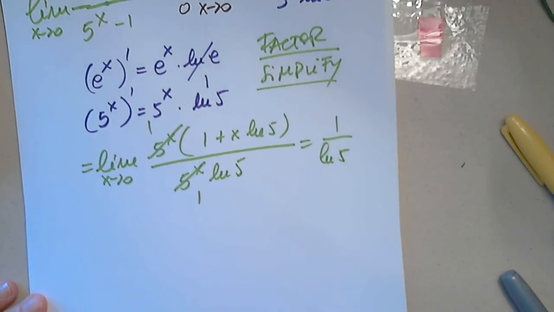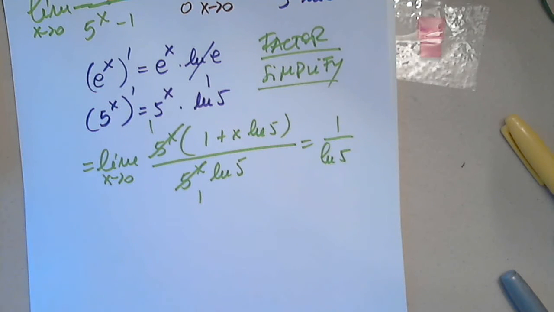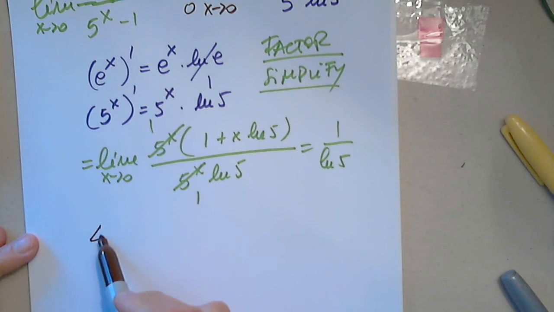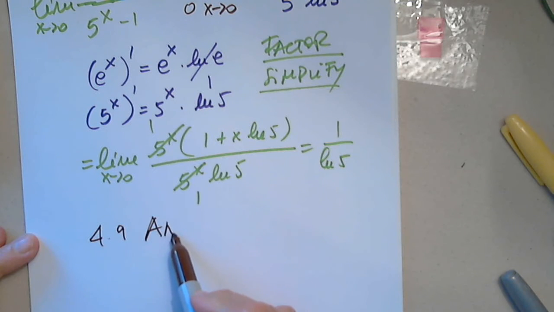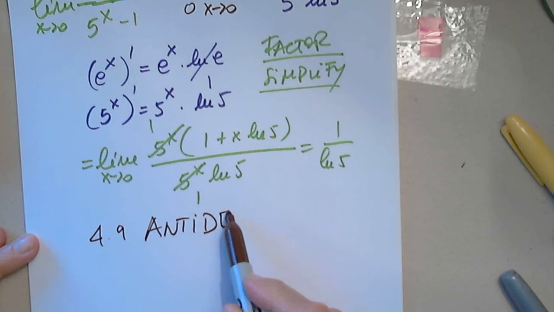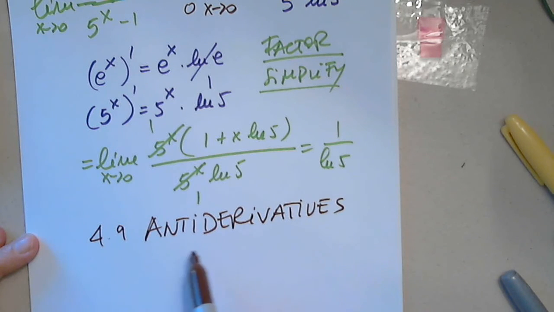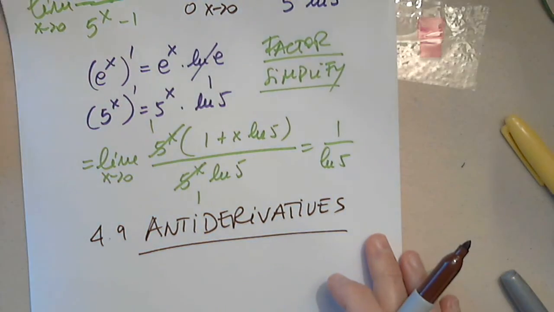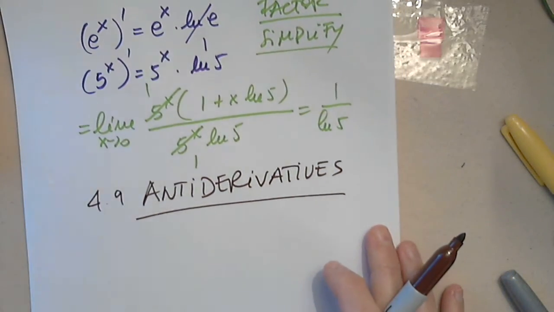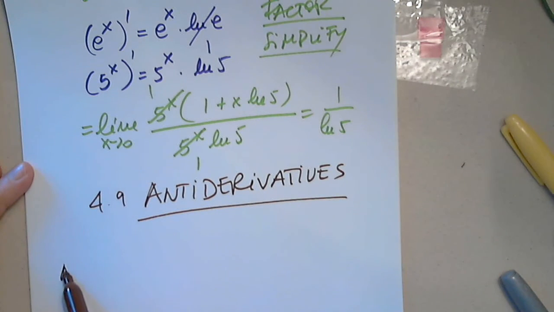We continue now with 4.9, which will be part of the last test. So 4.9, antiderivatives. There are two situations when it comes to notation.